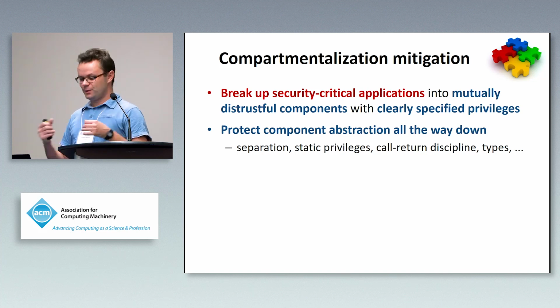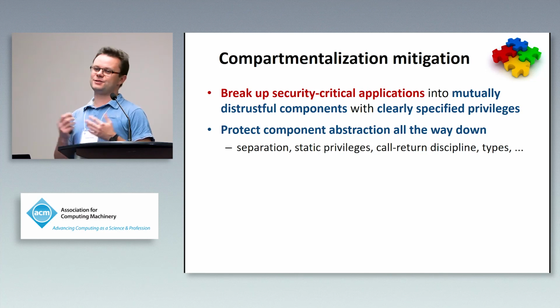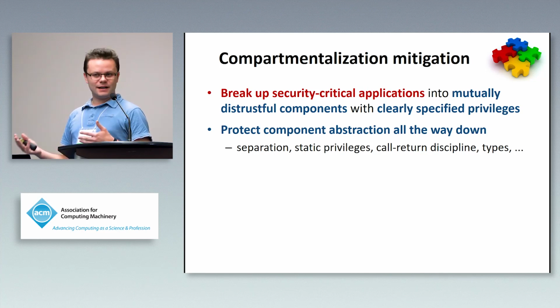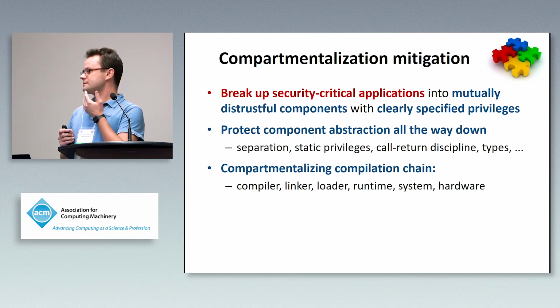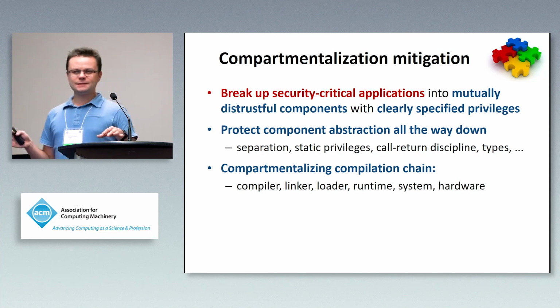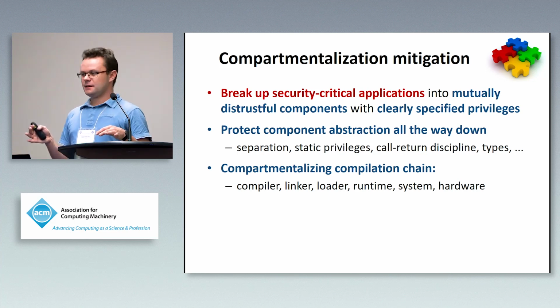You need to separate components in memory to ensure that they have the right privileges, to ensure that they interact in the right way, say using calls and returns, and that they pass values to each other of the right types. So there is the need for enforcing security when you go down. The responsibility for enforcing security in this case is shared between the different parts of the compilation chain.